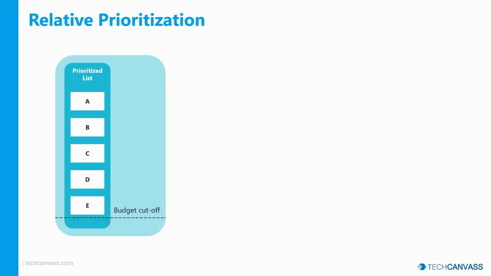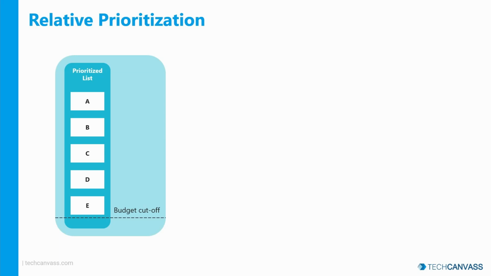Now, I personally favor this technique because it is very simple. A good example of relative prioritization is your stacked ranked product backlog itself. So you can prioritize the features in your list based on relative priority. You can rate the priority either 1, 2 or 3 or medium, high or low, whatever works for you.